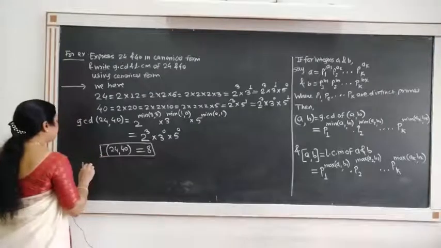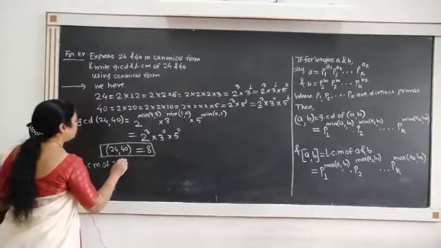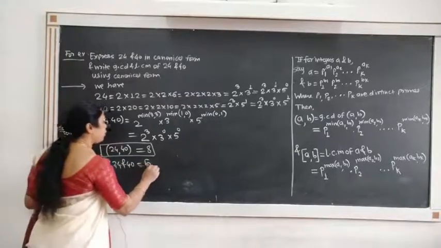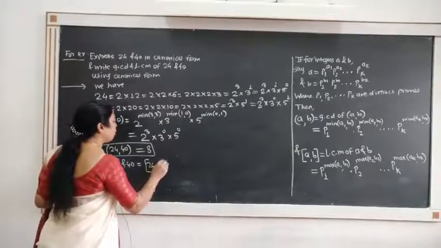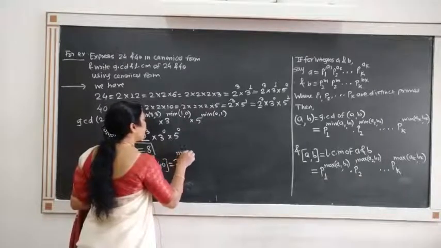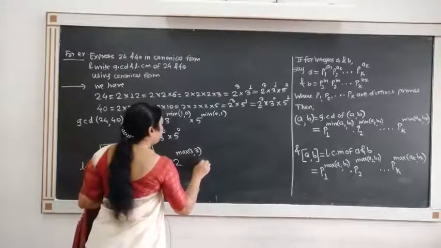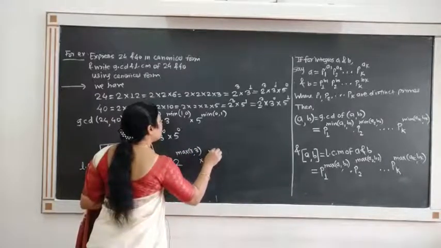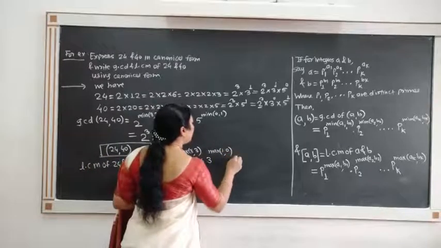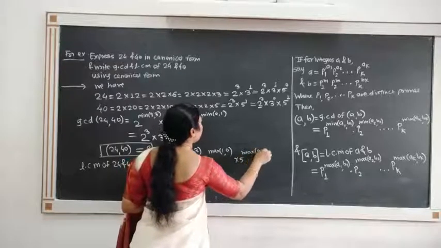If you find LCM of 24 and 40, given by square bracket 24, 40, it is nothing but 2 raised to maximum of 3 and 3, into 3 raised to maximum of the powers 1 and 0, into 5 raised to maximum of 0 and 1.